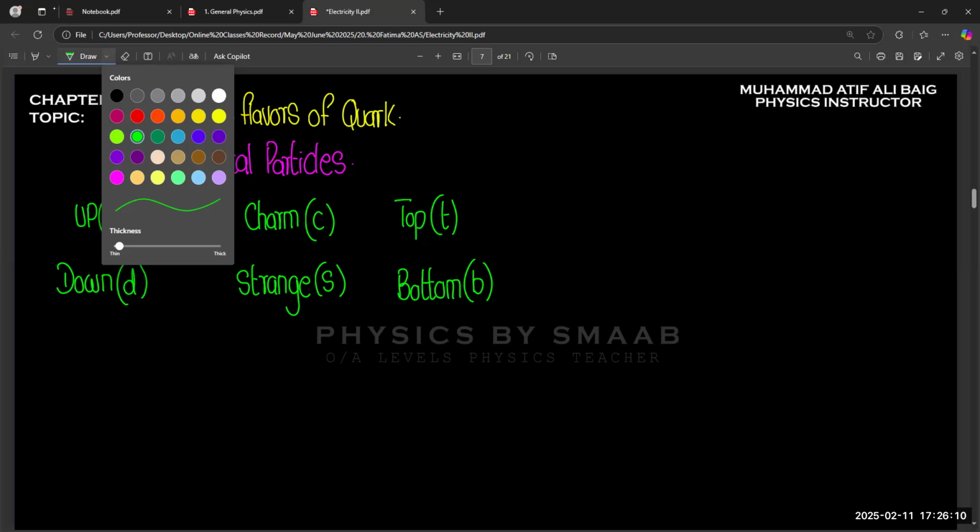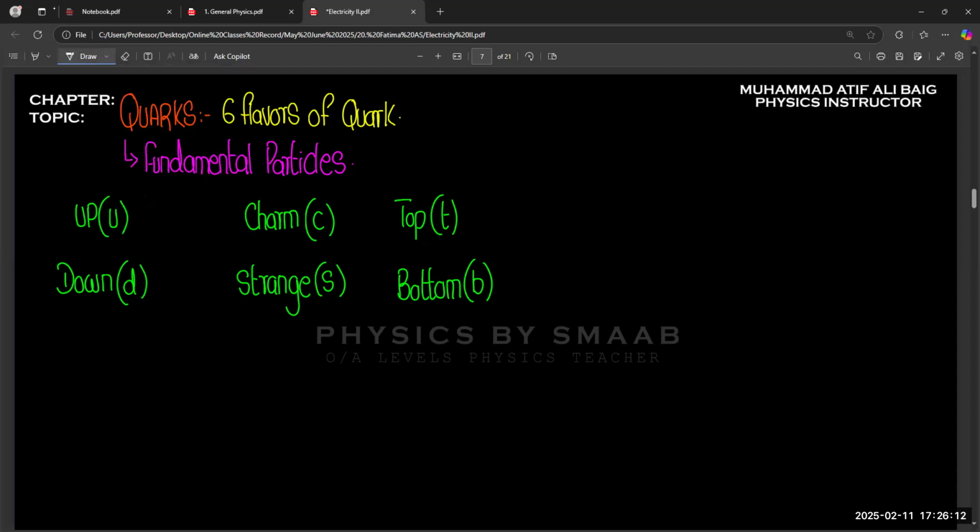The difference between them is very simple to differentiate. First of all, the upper category like up, charm, top, these names are like on the top, and down, strange, bottom are the opposite of the names mentioned on the top side. So the charge for up is equal to plus 2 over 3 e.